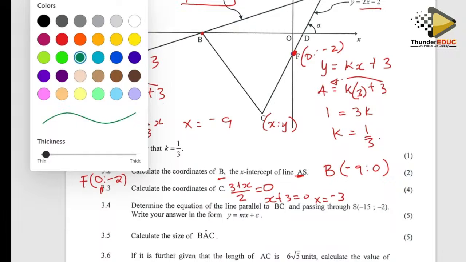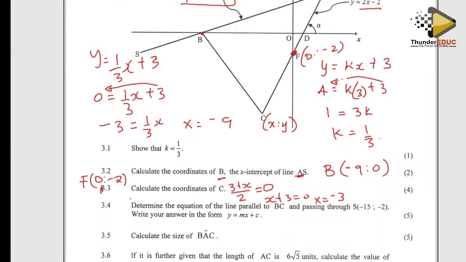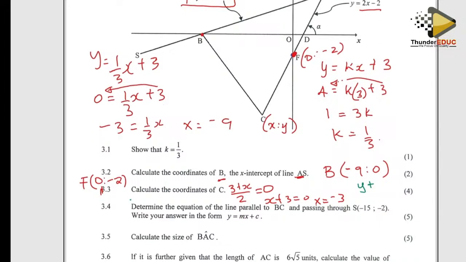Let me do the same with the y. If I get my y plus, at that point, plus 4, divided by 2, I must get negative 2. Cross multiply, y plus 4 is negative 4, which means y is negative 8.